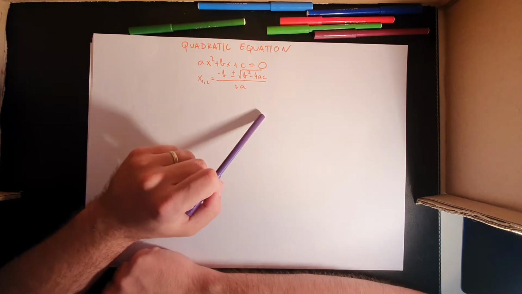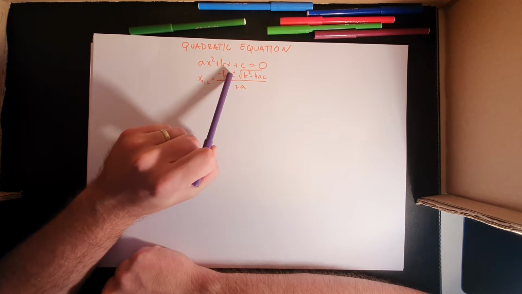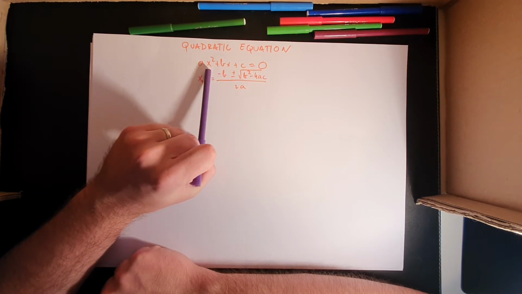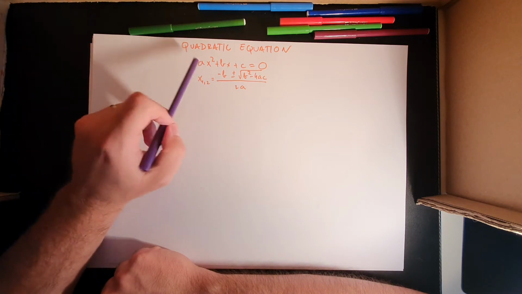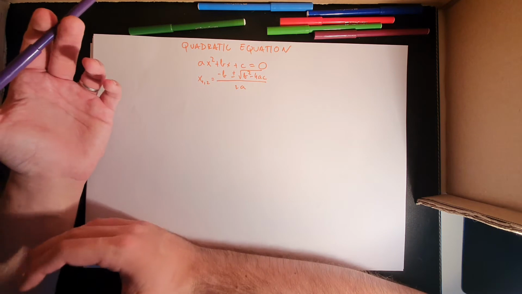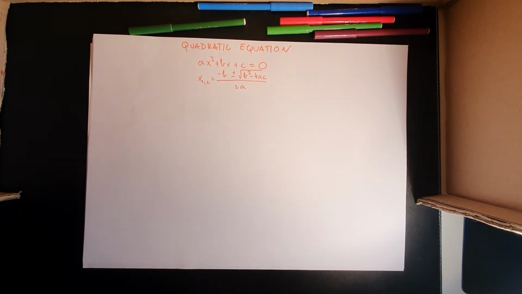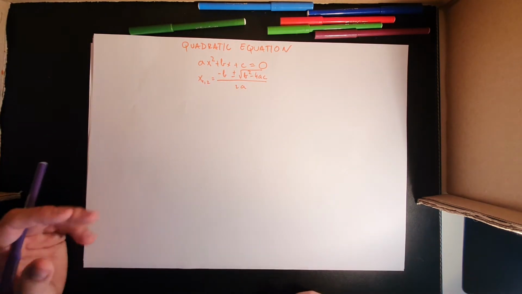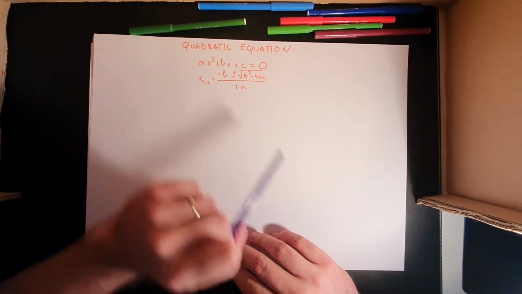So the formula here states that, first of all, x is the unknown. It appears two times. It appears in the quadratic form and it appears in the linear form as just the x. Now, a, b, and c are going to be actual numbers, actual values, or variables, because they can be any number that, for example, I pick, or you can also choose, etc. And those are called the coefficients.